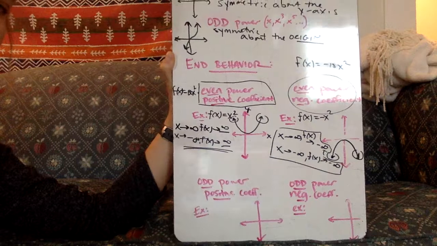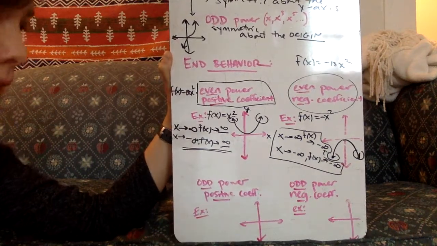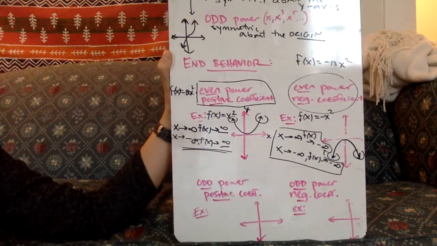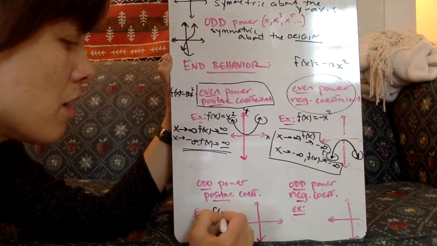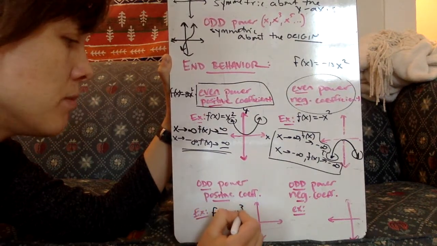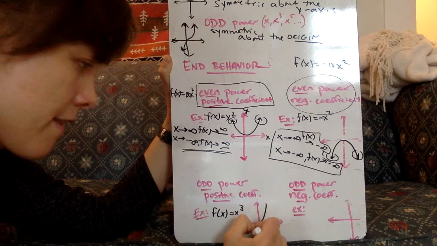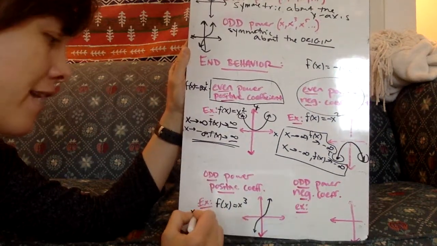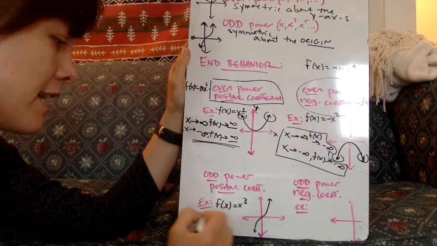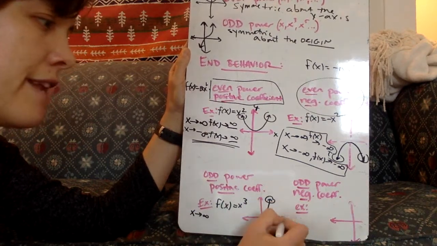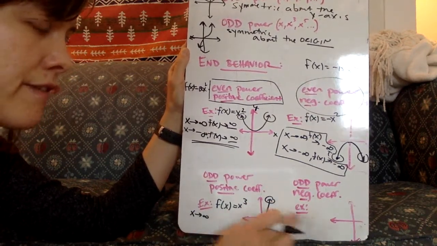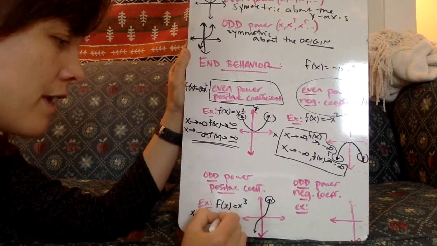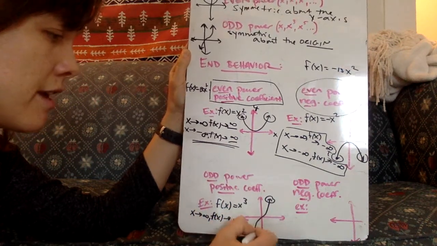So now let's look at odd powers. If I have an odd power with a positive coefficient, let's just keep it simple. We'll do f of x equals x cubed. Look at this, we're finally getting a little bit of difference here. As x approaches infinity, my f of x value is also approaching infinity.